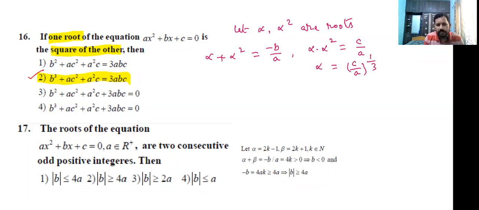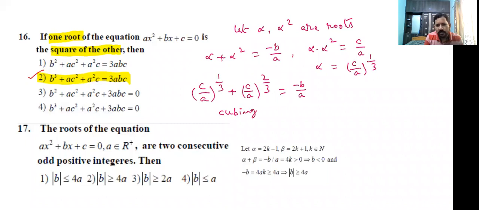These values, substitute here: (c by a) whole power 1 by 3 plus ((c by a) whole power 1 by 3) whole square, that is 2 by 3, that is equal to minus b by a. Then simplify this. That means apply cubing on both sides.